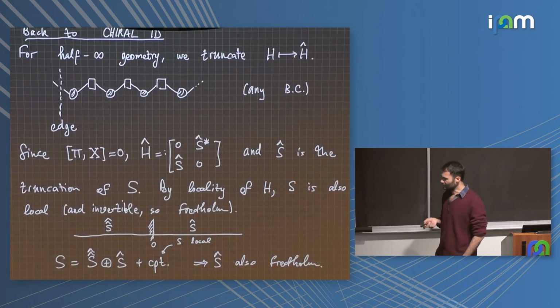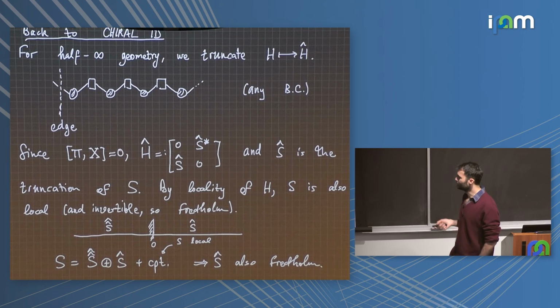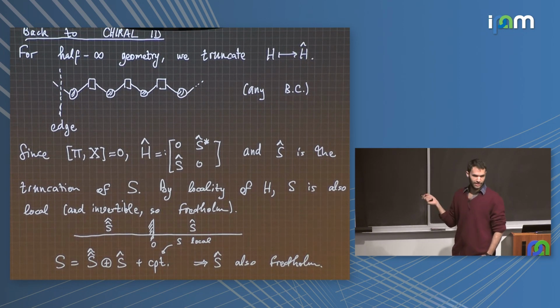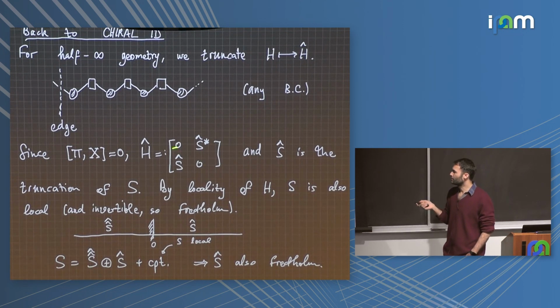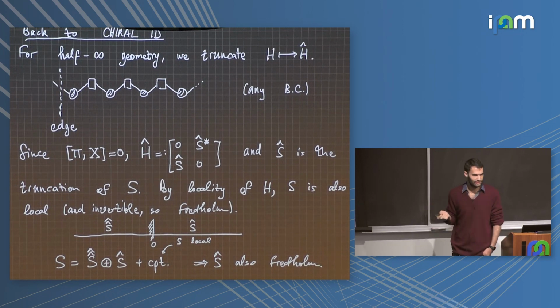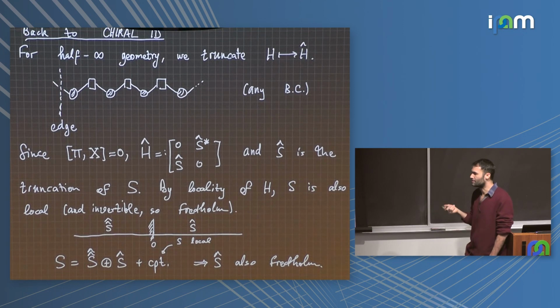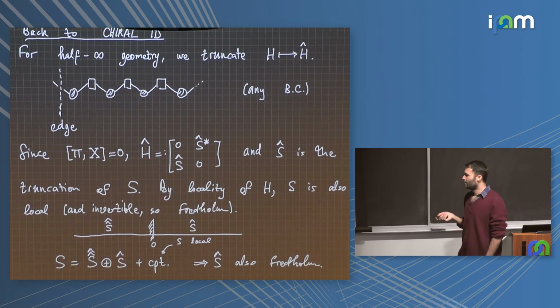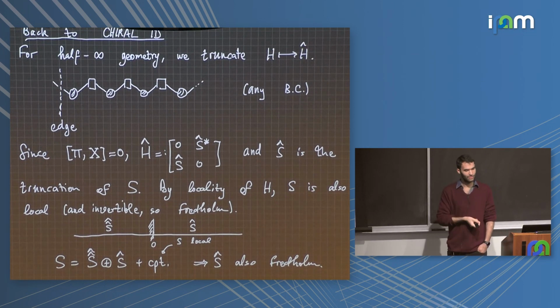All right. Now let's consider the half-infinite geometry. So you have to make a truncation in your chain somewhere, and you can pick any boundary conditions that you want. Now, because chirality commutes with the position operator, having the truncation means that the edge Hamiltonian is going to preserve this off-diagonal structure, and so S hat, which is the truncation of S. So everything sort of is compatible with each other. And because S was invertible, it's of course Fredholm, but its index is 0, so that's not interesting.